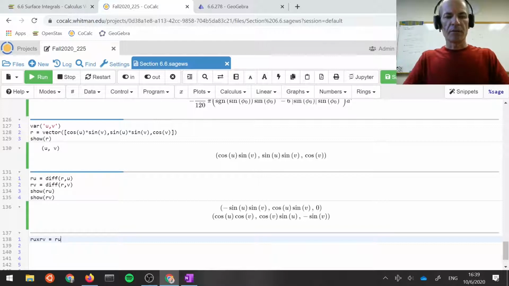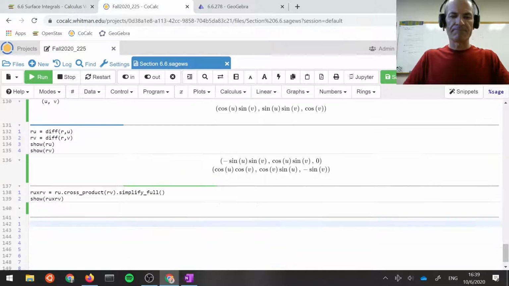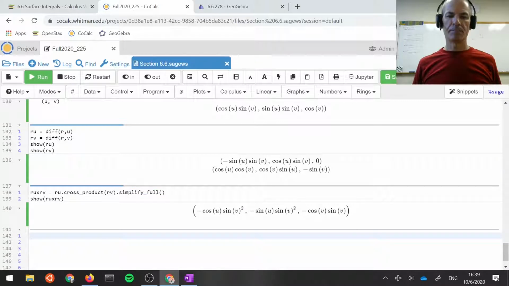That's ru cross product with rv, and then let's simplify full and show ru cross rv. All right, so there's ru cross rv, nicely simplified.